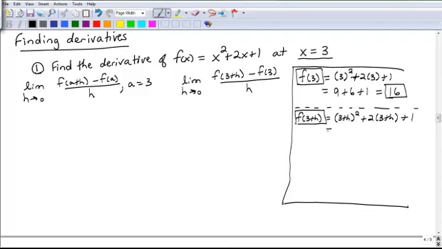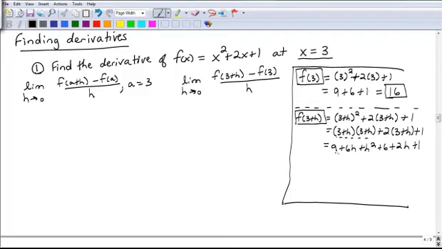So let's simplify this. 3 plus h, 3 plus h, 2 times 3 plus h plus 1. So I FOIL. When I FOIL that, I get 9 plus 6h plus h squared. I'm going to distribute the 2 into the 3 and the h, and I get 6 plus 2h plus 1.